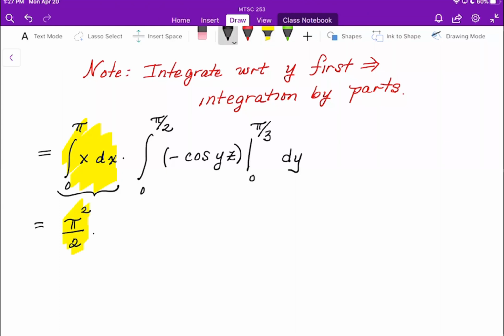And then now I need to put in what happens when I put in pi over 3. So this is going to give me the integral from 0 to pi over 2. When I put in 0, I'm going to get 1. And then when I put in pi over 3, I'm going to get the cosine of pi over 3 y dy.